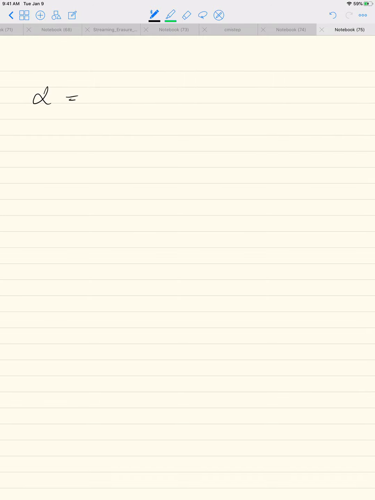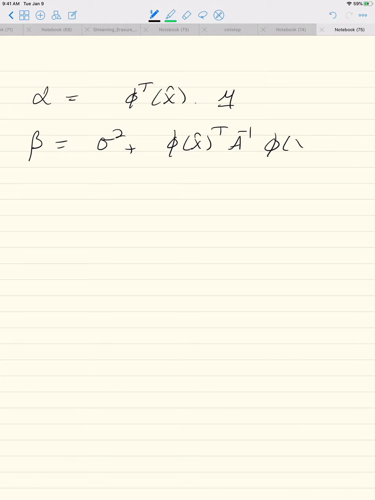Alpha is just going to be phi transpose X hat times the mean of the weight vector W, and beta is sigma square plus phi of X hat transpose A inverse phi of X hat. So you can compute these quantities and the model will make predictions for each X. The model will make predictions in this form and you can generate the confidence intervals.